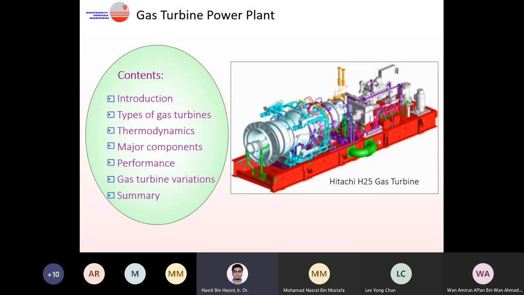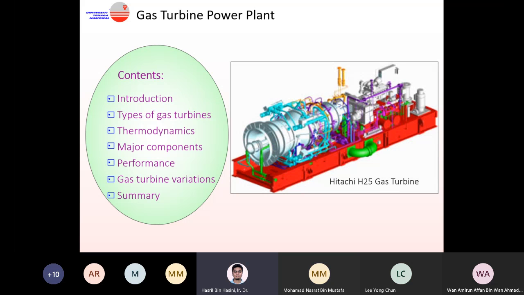Now, when we talk about turbine inlet temperature, this is actually the temperature of combustion gas that comes out from the combustor after the combustion process. We will look in detail later on how the turbine inlet temperature affects the gas turbine's total performance. The fourth one is the exhaust temperature.